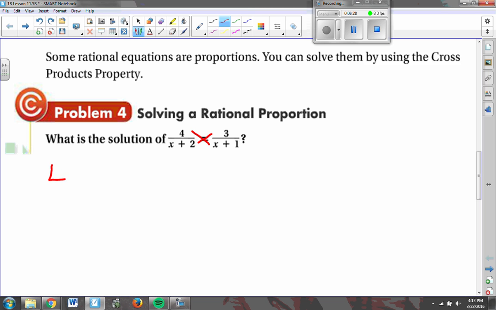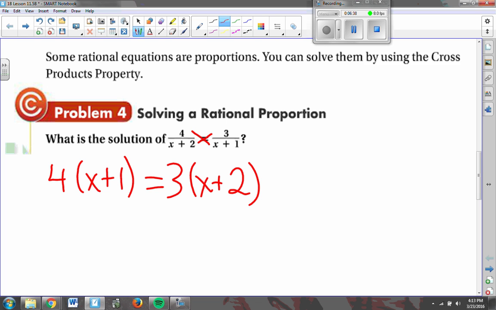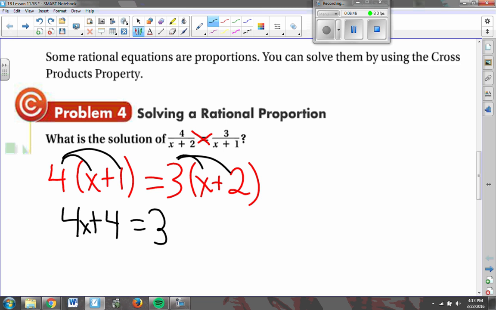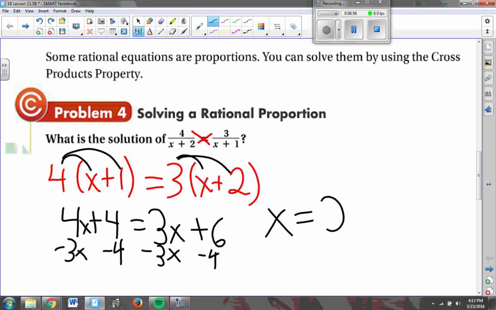So I'll multiply 4 on the top left by x plus 1 on the bottom right, and then I'll multiply 3 on the top right by x plus 2 on the bottom left. The distributive property gives me 4x plus 4 is equal to 3x plus 6. I'll subtract 3x and subtract 4, and I will get that x equals 2.